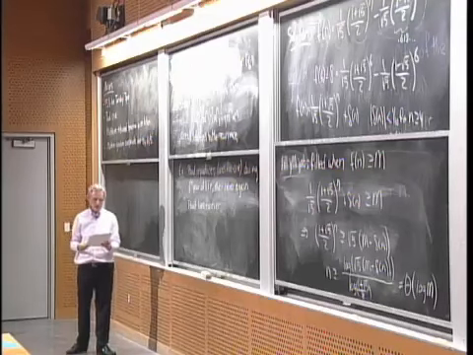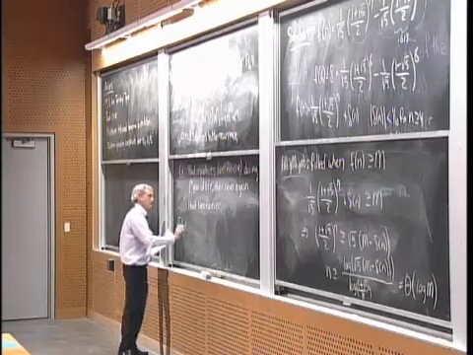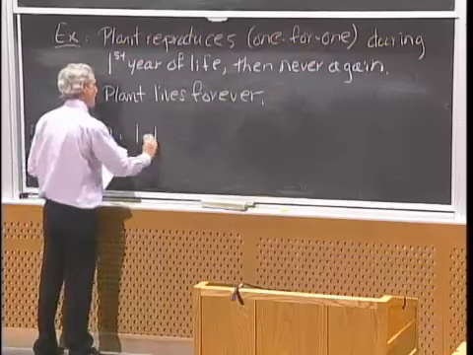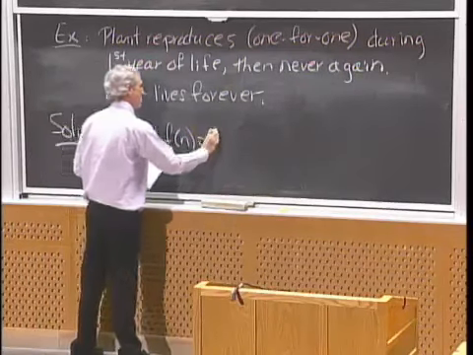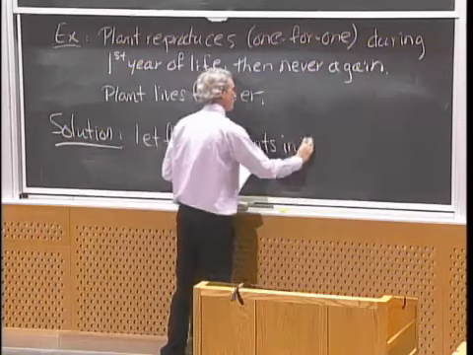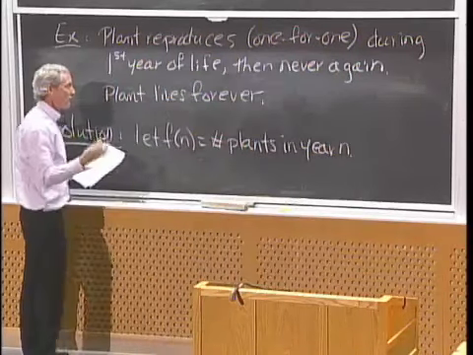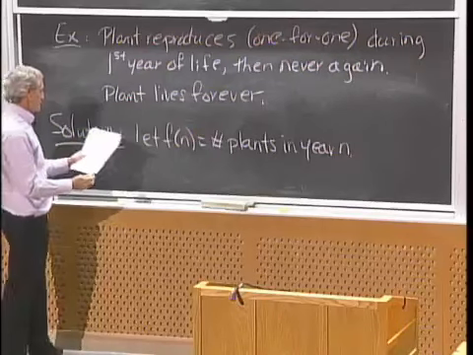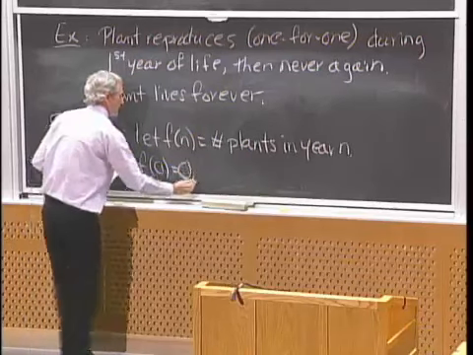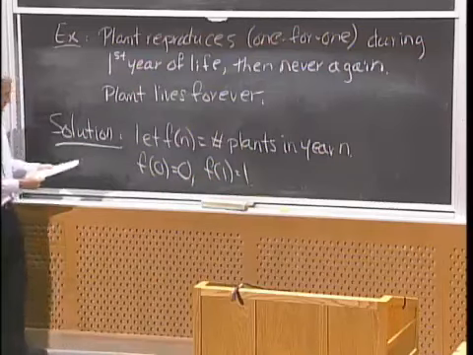All right, in year n, how many plants there are. So to figure that out, I'm going to set up a recurrence. We're going to let f of n be the number of plants in year n. And we're going to say that the first plant miraculously comes into existence in year 1, so that in year 0 there's none of them, and in year 1 there's 1. And now we want to know how many there are in year n.